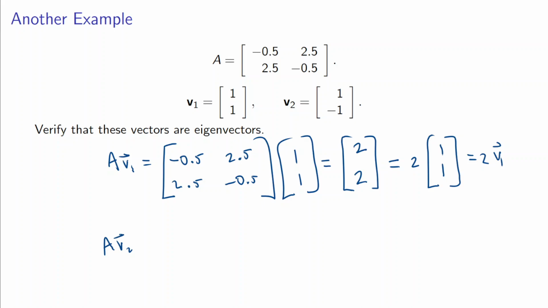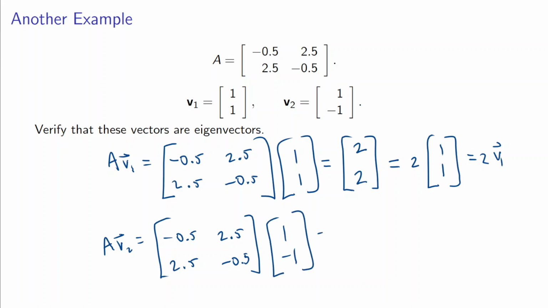Let's do the same game with v2. So Av2 would be, again, negative 0.5, 2.5, 2.5, negative 0.5, times 1, negative 1. And we get negative 0.5 minus 2.5, so that's going to be negative 3.